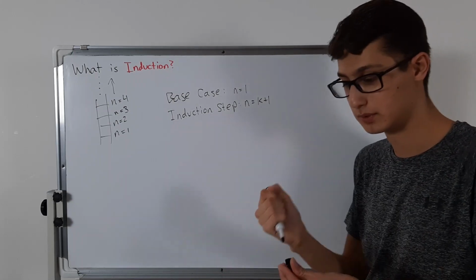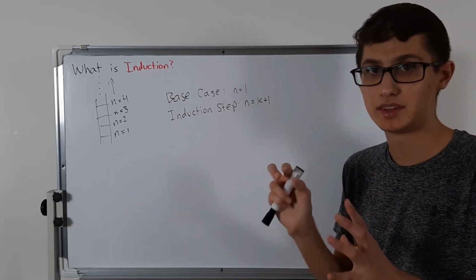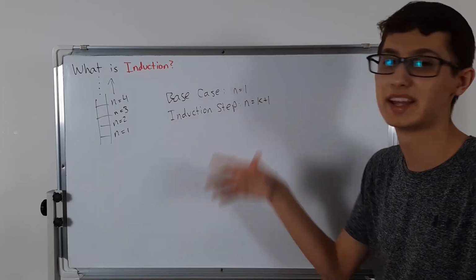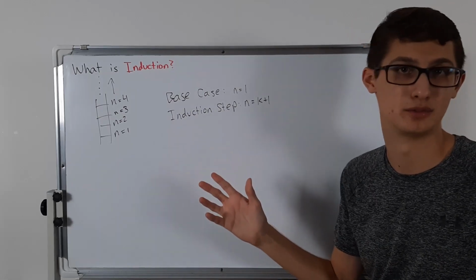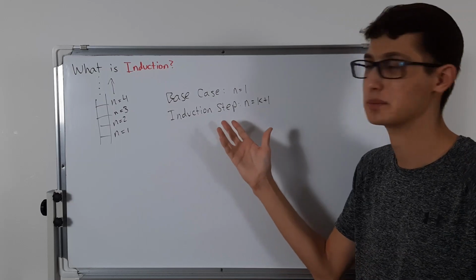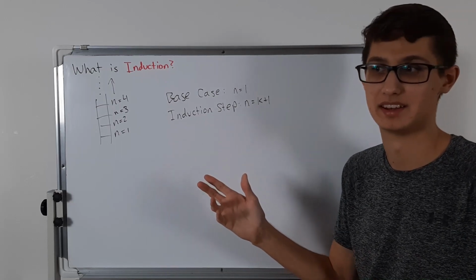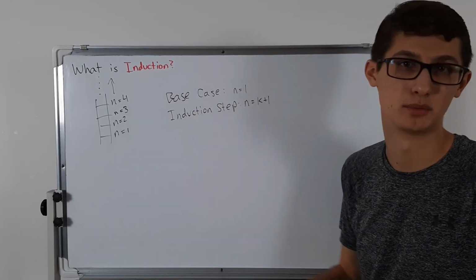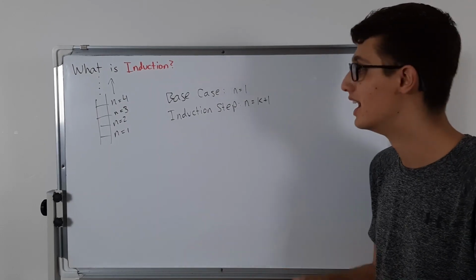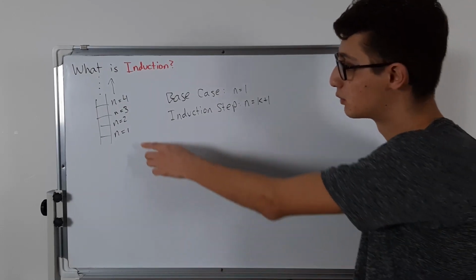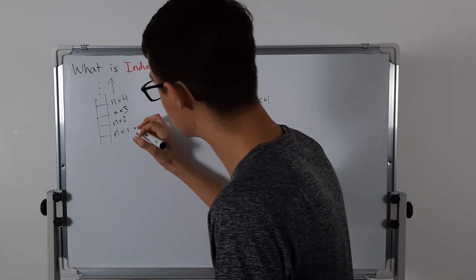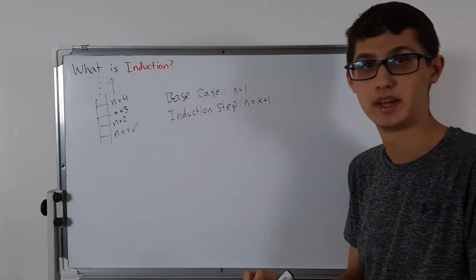So the reason why this works, because it may seem a little counterintuitive, because you're saying, oh yeah, let's assume it works for every value of k. Aren't we trying to prove it for every value of n? And then we're basically saying, just assume almost the whole thing's true. The reason why we can do that is because we proved the base case. This is proven. We're good, okay?